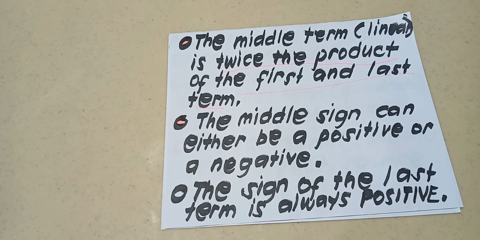But always remember that the first term and the last term are always positive. There is no perfect square trinomial whose last term is negative. Always remember that one. The only one that can be negative is just the middle term.